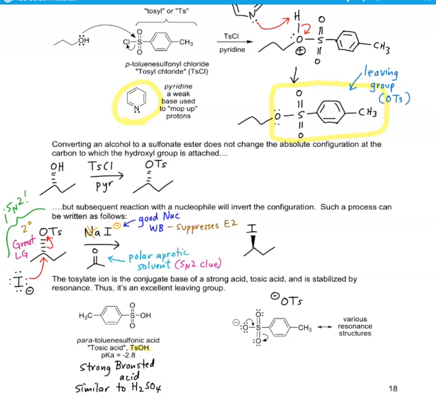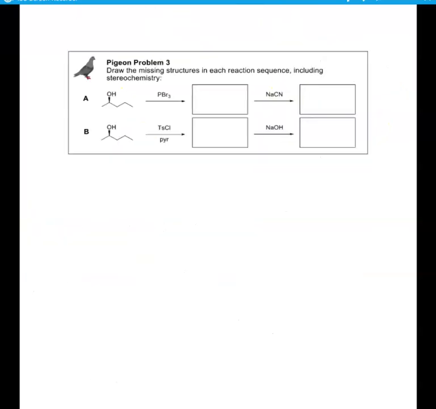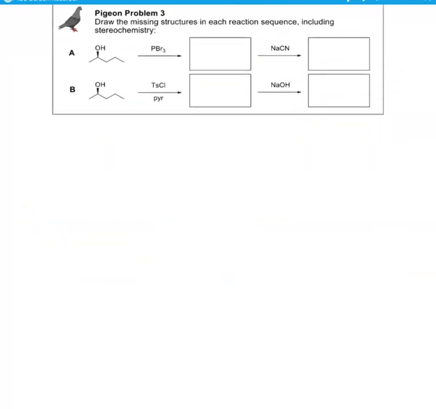Okay, so what have we seen so far? Let's recap. So for SN2, which is what we've been talking about, that's where we're going to have the most information. First of all, we know that SN2 works best if you have an unhindered substrate. So those will be things like methyl, primary, and sometimes secondary.